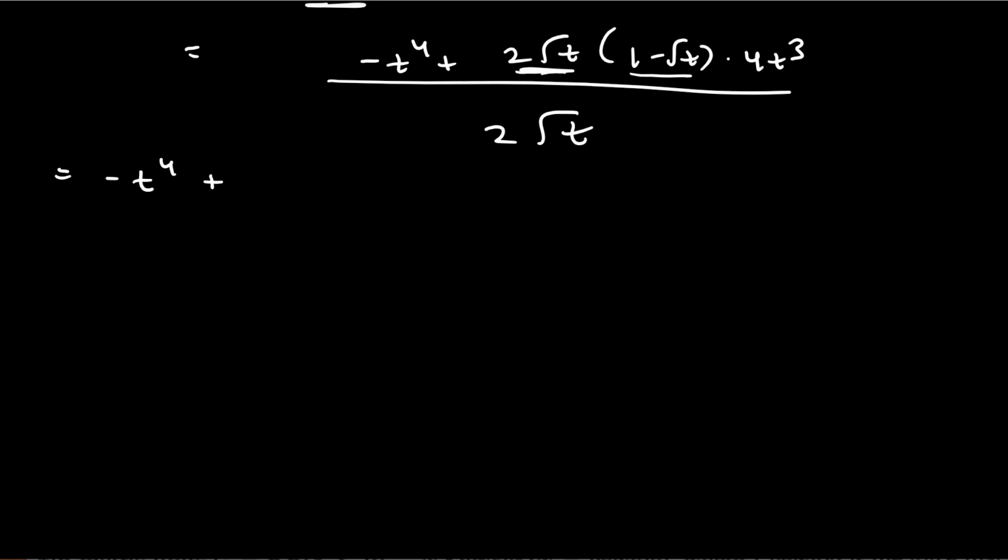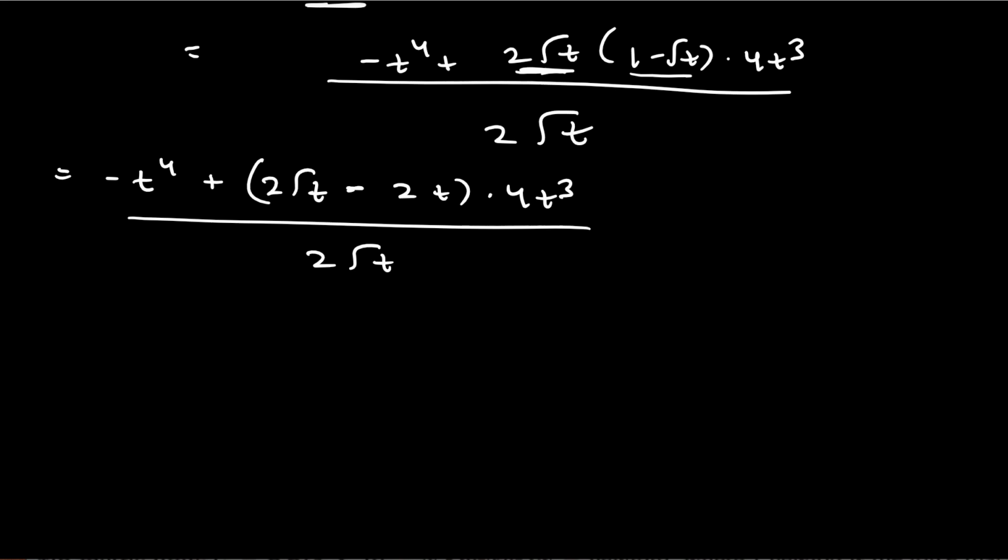So we're going to get 2 root t times 1 is just 2 root t, and then minus root t times 2 root t is going to be minus 2t, times 4t cubed, all over 2 root t, which is equal to, on top we're going to have minus t to the 4th plus, now I need to multiply this 4t cubed through the parentheses, so we're going to get 4t cubed multiplied by 2 root t is going to be 8t cubed times root t, and then we're going to have minus 4t cubed times minus 2t is minus 8t to the 4th, all over 2 root t.